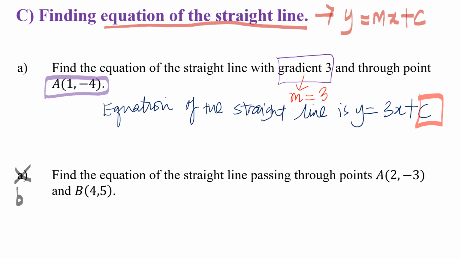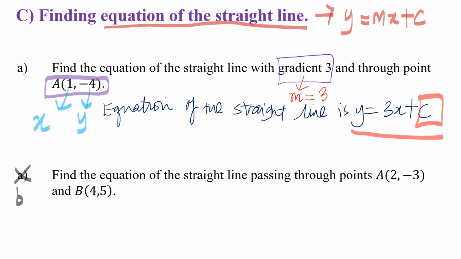Point A, we know that a point has 2 coordinates, right? The x coordinate and also the y coordinate. So what we can do is substitute the x and the y coordinates of point A into this equation, to help us find the value of c.